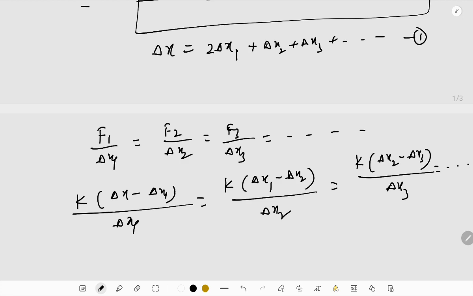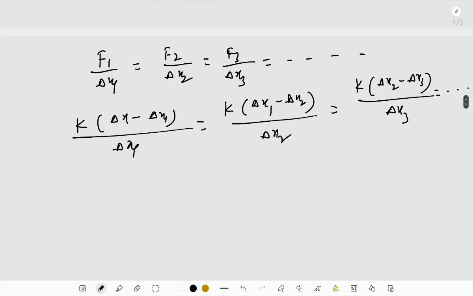So what can we get from this set of equations? You can see k is getting cancelled out. The first thing is delta x by delta x1 minus 1, equal to, in the next step, delta x1 by delta x2 minus 1.